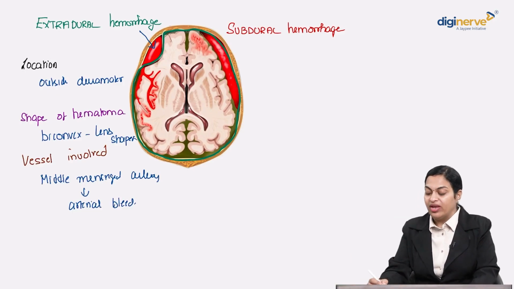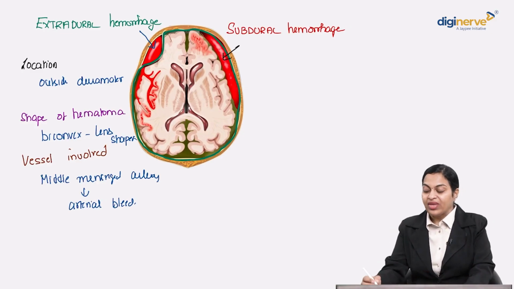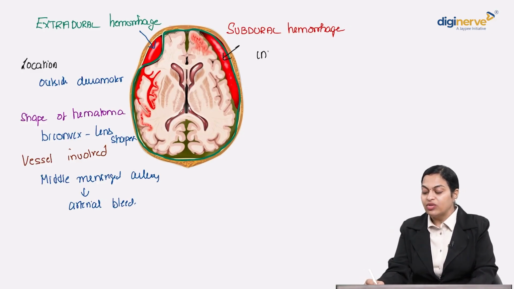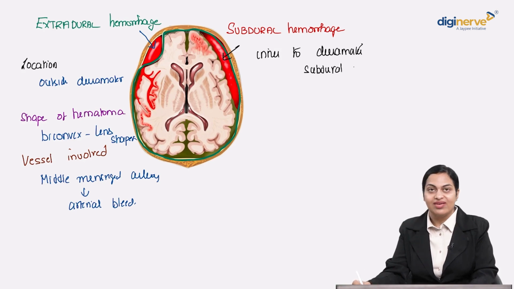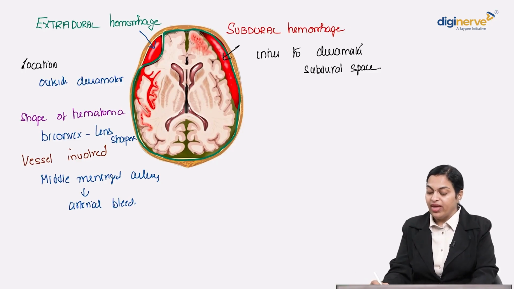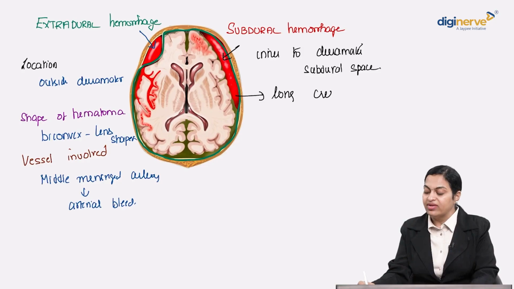What about subdural hemorrhage? So this is the subdural hemorrhage you see here. It lies inner to the dura mater, again in the subdural space between the dura mater and the arachnoid, right? And the shape of the hematoma that you see here, it is long and crescentic.